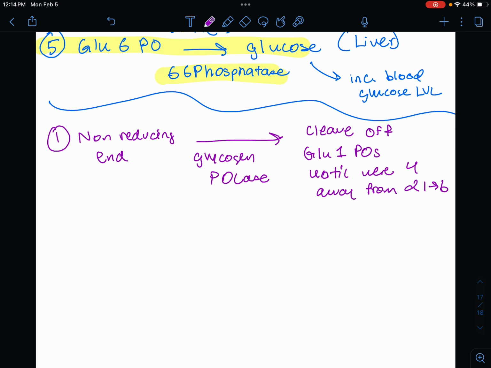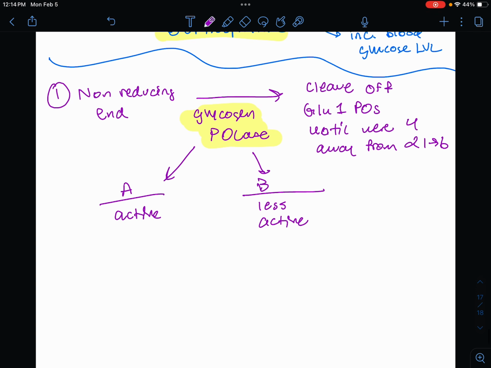So about this glycogen phosphorylase, we actually have 2 kinds. A is the active version, while B is the less active version. When glycogen phosphorylase is phosphorylated, this is going to be its active state. The B version could get phosphorylated, and it will become active.